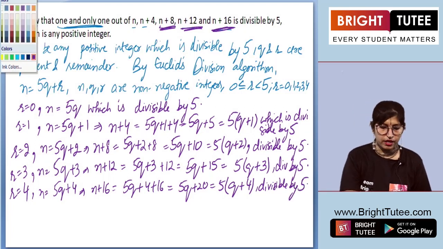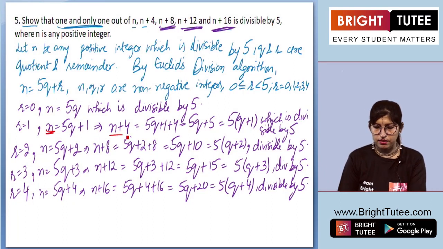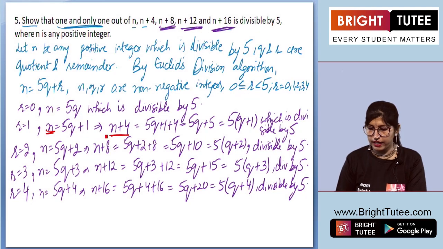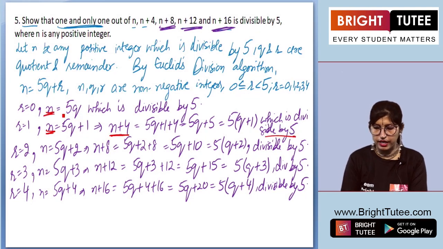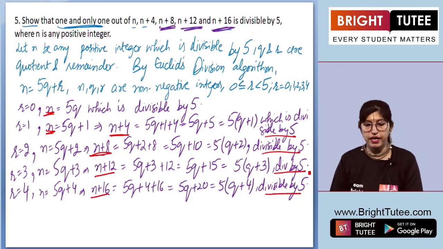So we can ultimately say that n is divisible by 5, n plus 4 is divisible by 5, n plus 8 is divisible by 5, n plus 12 is divisible by 5, and n plus 16 is also divisible by 5.